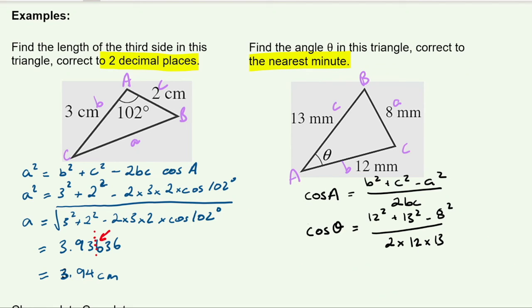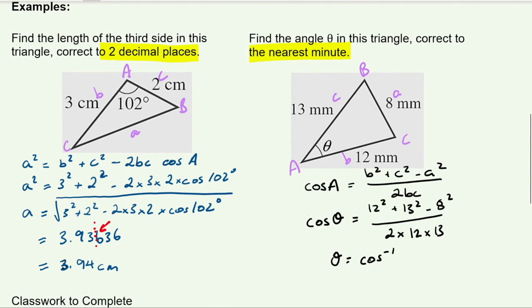Okay, so that's where we're up to. So theta is going to be the inverse of cos, so that's the cos to the minus 1. And we're going to pop that all in: 12 squared plus 13 squared minus 8 squared all over 2 times 12 times 13. Let's plug that into our calculator.